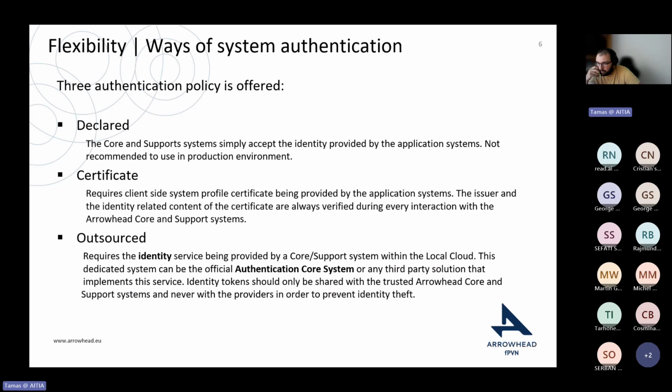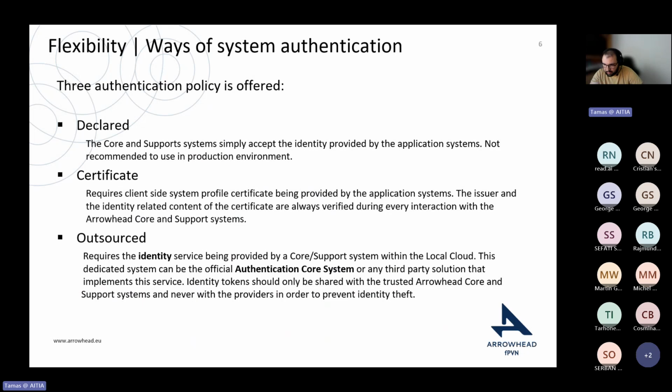And you can hide your own authentication methods always under the same identity service. So the service inputs are always in the same format.